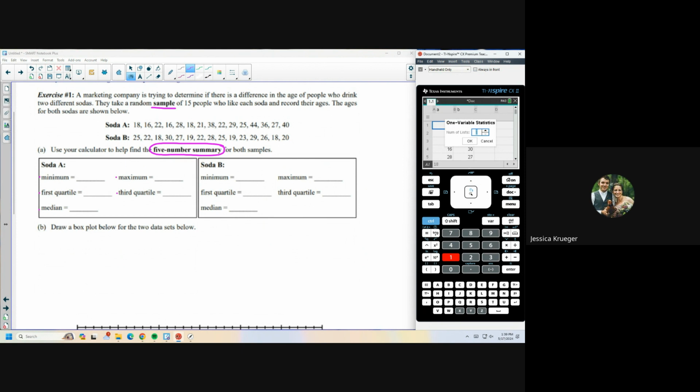Now, even though there's 2 lists in there, I'm not using both lists. I'm calculating the 5-number summary for each list separately. So I'm going to leave this at 1. The first list I'm calculating it for is A. Ignore the frequency list. That just means that each of those numbers represents 1 data point. And then my first result column, it's going to put it in column B.